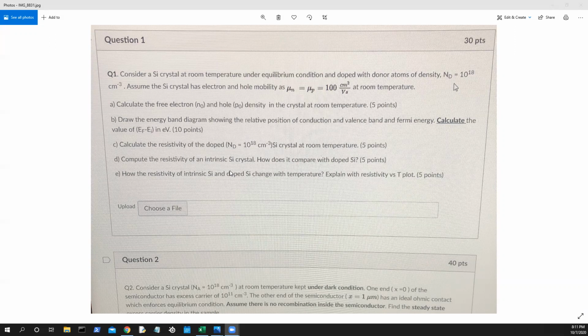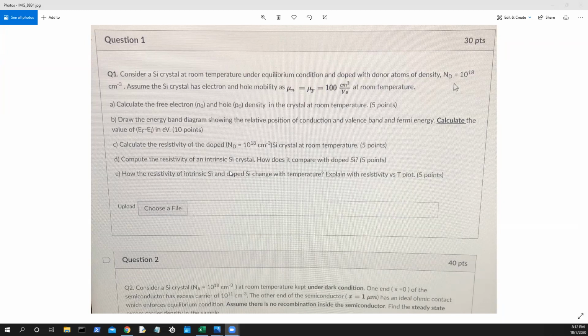So the actual formula for this to start is just EF minus EI is equal to KT over Q, which is a quantity number we have. So we can do KT over Q times ln, and it is what it's, isn't it Ni over?